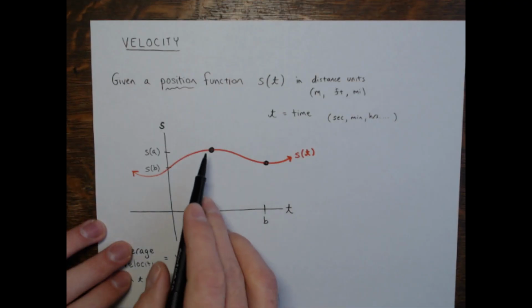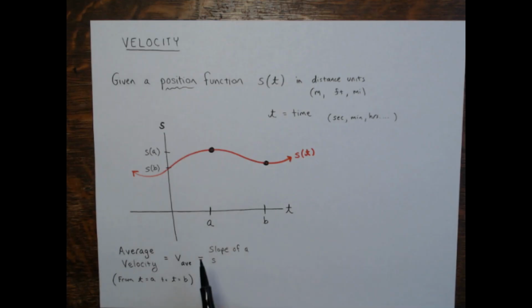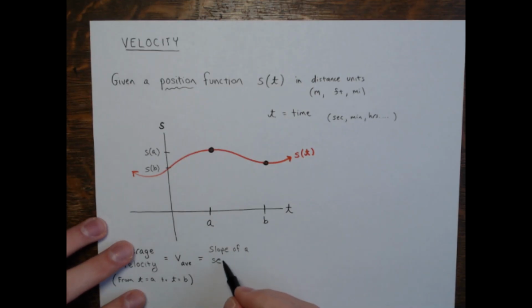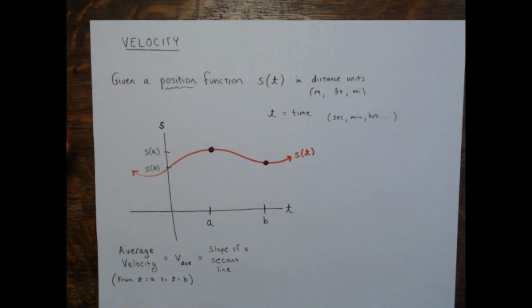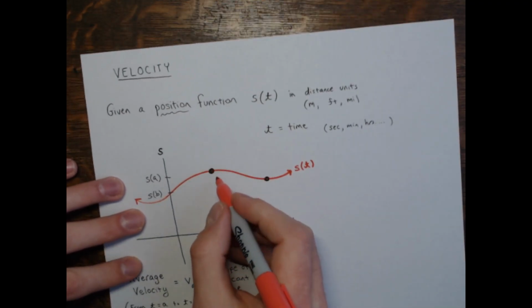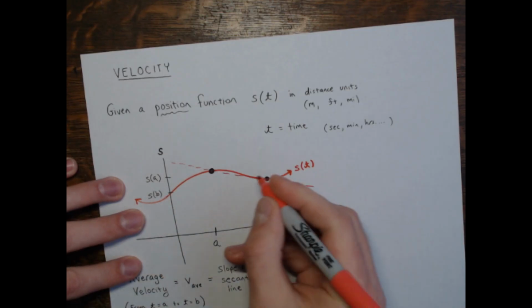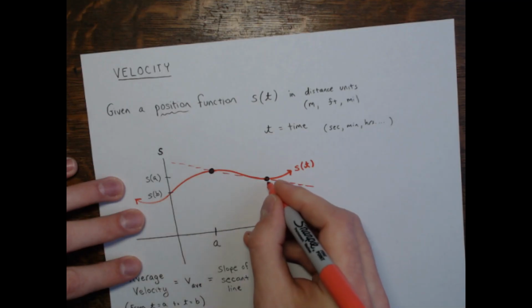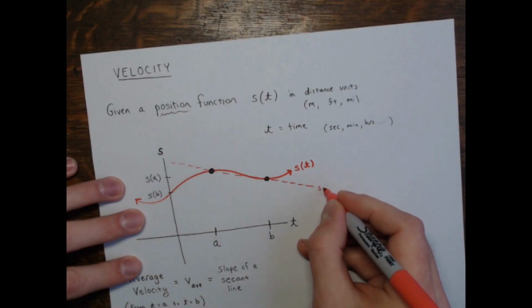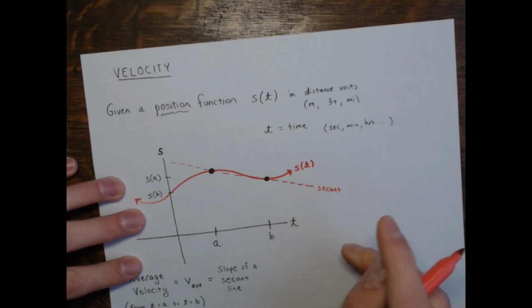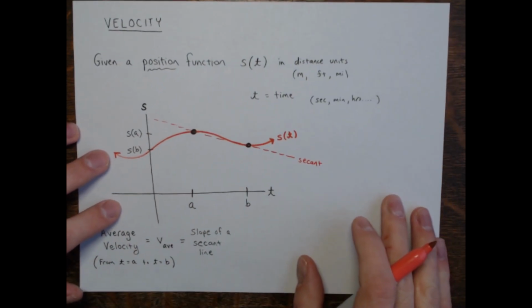It is how much your position changed over that period of time. So it's a rise over run. The secant line would look like this, and I'll make it a dotted line through these 2 points, A, S of A, B, S of B. Here's a secant line, cutting through 2 points on the curve.